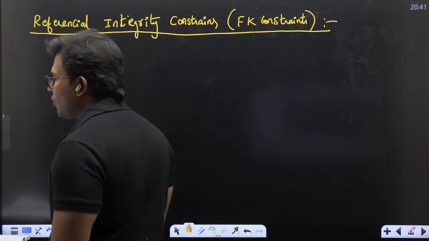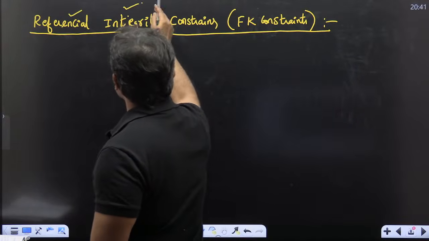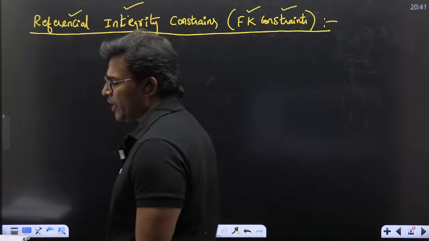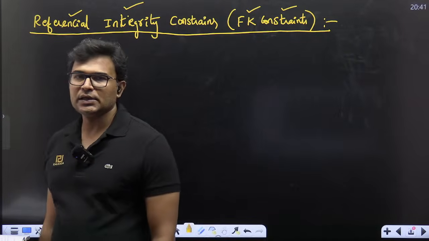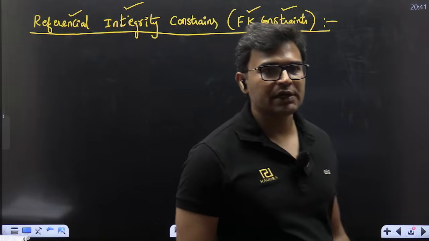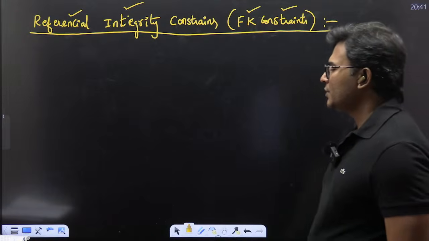Now I will tell you about each one by one. See, what is referential integrity? It is the textbook word. It is nothing but foreign key constraints. What are the constraints you are going to have in the foreign key? So what are the referential constraints?